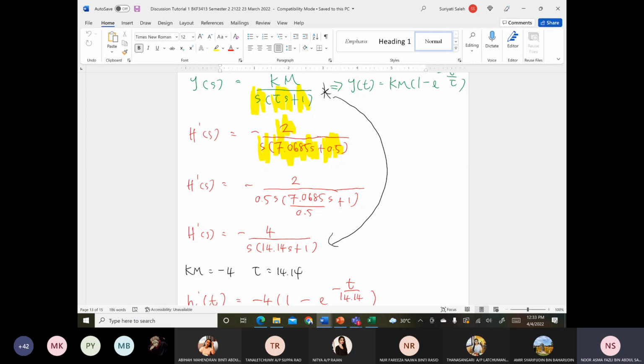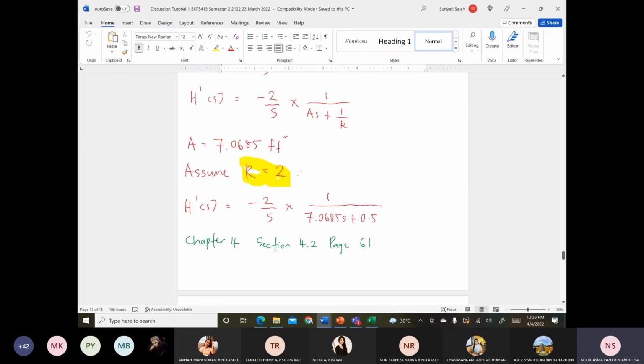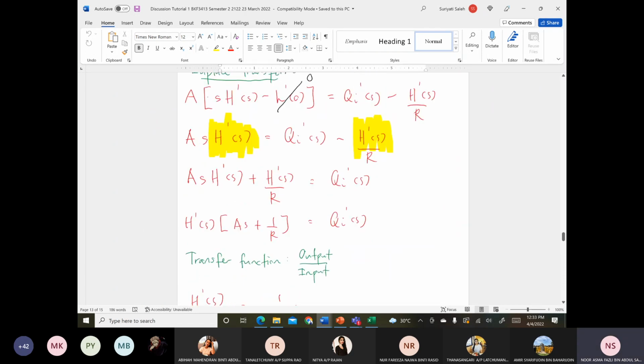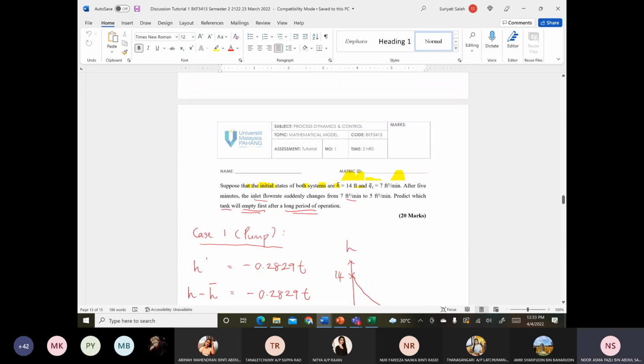So how come the Km is negative? Because of the magnitude. If we read the equation again, you can see the inlet flow rate suddenly changed from 7 to 5. So this represents the input flow rate changing from 7 to 5. So the magnitude is 5 minus 7, equal to -2.